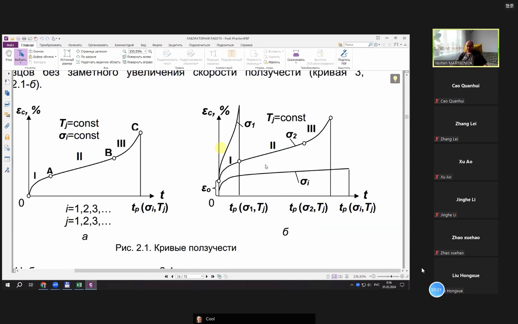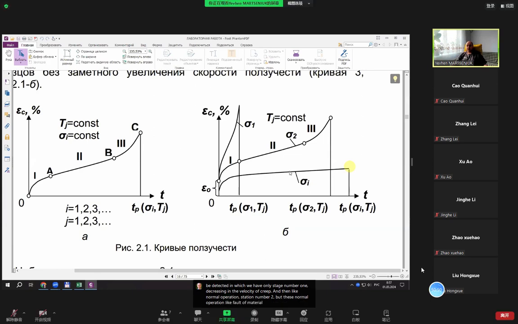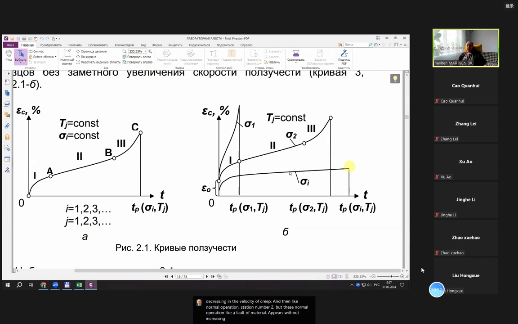Or some other type of material can also be detected, in which we have only stage number 1, decreasing in the velocity of creep, and then a normal operation stage number 2, but this normal operation ends in a fault of the material without increasing in the velocity of creep, without stage number 3.